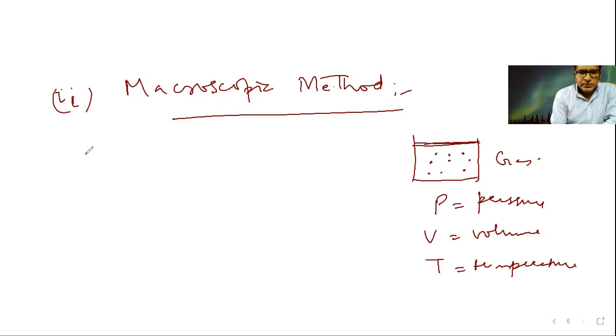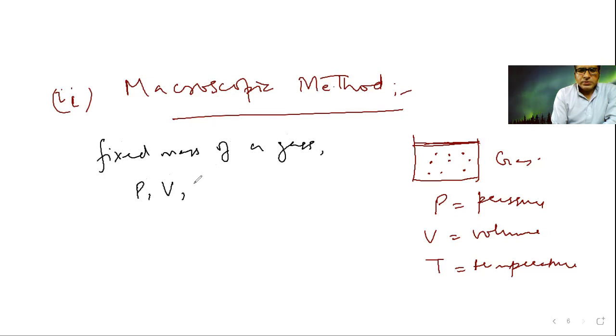If we have a fixed mass of gas, that means mass is fixed, only two variables are required to specify its macroscopic state. For example, you can take pressure, volume, or volume, temperature, or pressure, temperature.